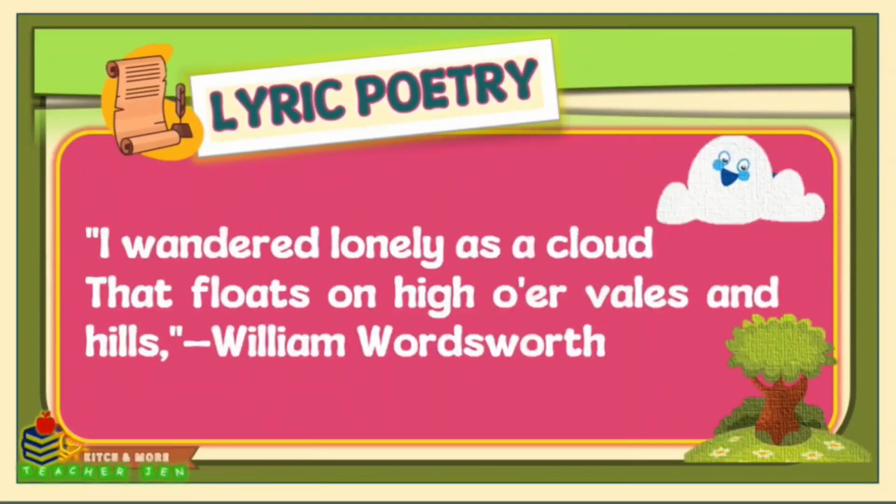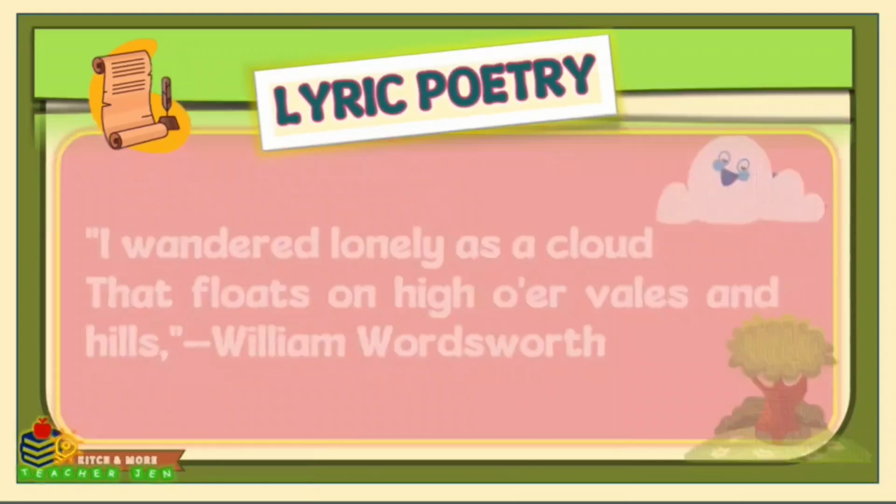William Wordsworth opens his poem with "I wandered lonely as a cloud." This immediately tells us we're entering his personal space. The emotions, the imagery, the musical flow, they all work together to give us a vivid glimpse into the poet's emotional landscape.